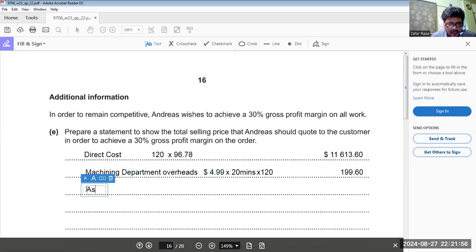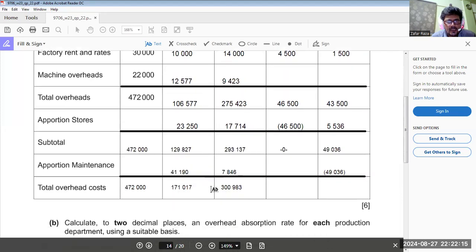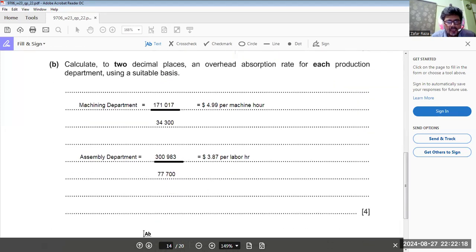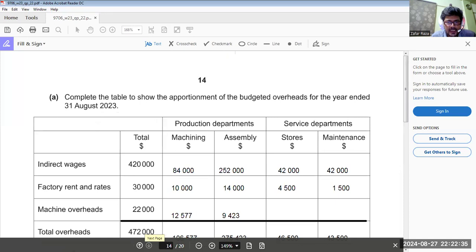Now, indirect cost for assembly department. The rate we have calculated here, that was 3.87, and labor hours. So because the assembly department is based on labor hours and each unit is taking 120 minutes, we will calculate on the basis of 120.